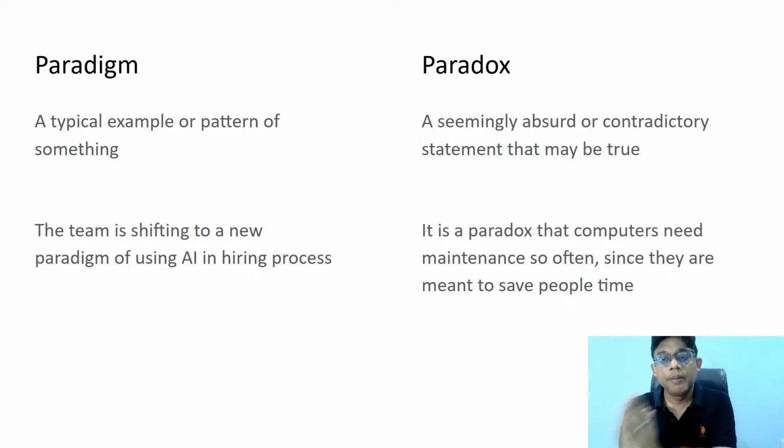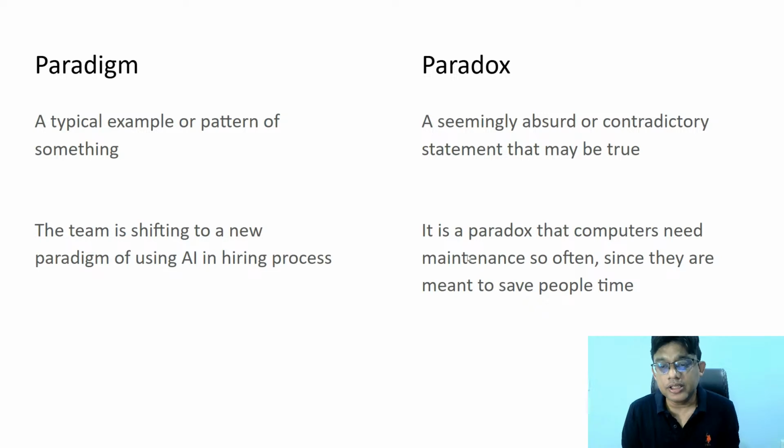Paradox means an absurd thing, or let's say a contradictory statement that may be true. Maybe you will not believe it, but still it is true. Something that people don't take too seriously, but it still may be true.